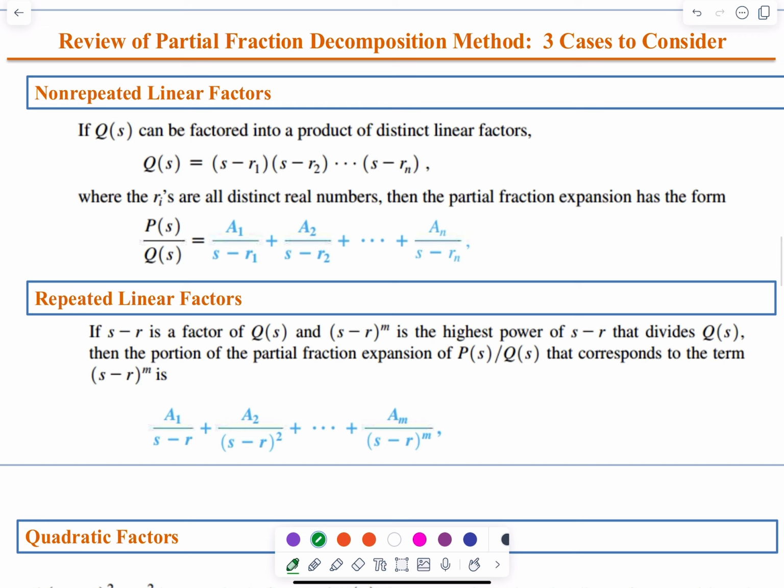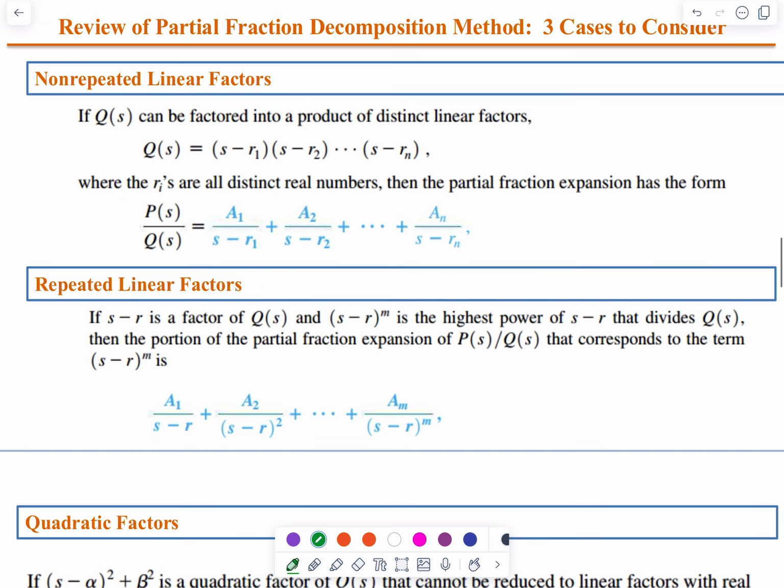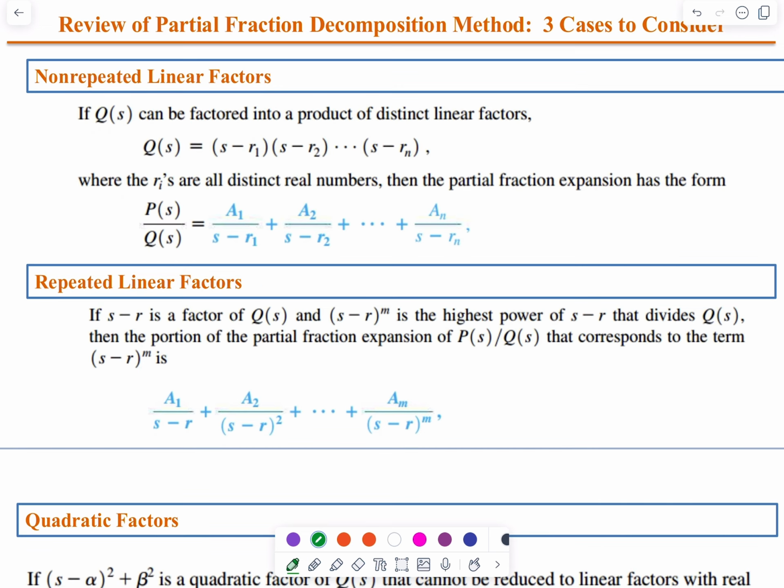So we do have Q is a polynomial that can be factored into a product of distinct linear factors. So we have no repeated factors. How we do that is that we have each one of our r's, which are real numbers, and we factor Q of s as shown there. And the partial fraction expansion has this form.